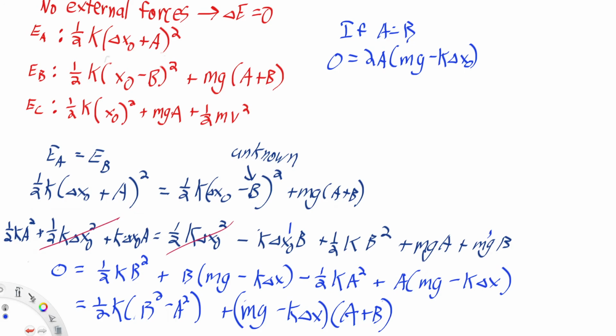So if this is what we get left, is this a valid equation? Is 0 equals 2a times mg minus k delta x0? We have 0 on one side, we have other stuff on the right-hand side. Is this stuff on the right-hand side 0?